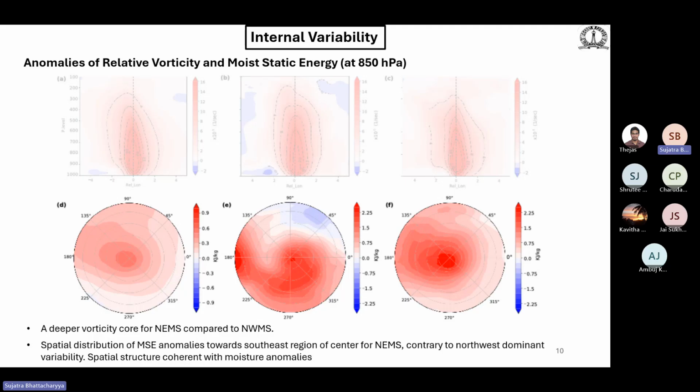But in the northeast moving cases, you can see that the anomalies are more oriented to the southeast or south quadrants, which typically gives us an idea of the difference in the spatial distribution of MSE, or you can say in the lower level it is mostly driven by the moisture. So this is one striking difference that we got, and this made us analyze more into some thermodynamic parameters to look at how they are thermodynamically different in the context of northeast and northwest moving cases.